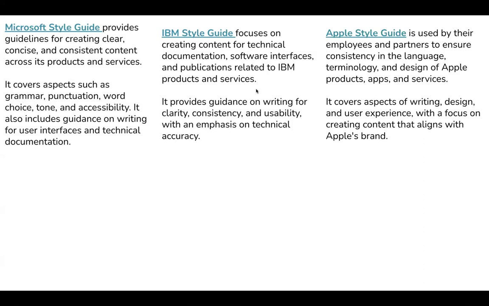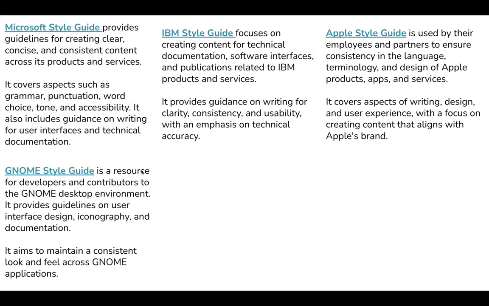The Apple style guide is used by their employees and partners and is also available to the general public. If you like the way Apple writes their documentation, you can use that style guide to guide your writing.